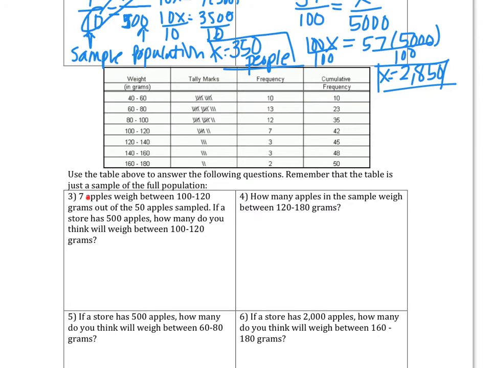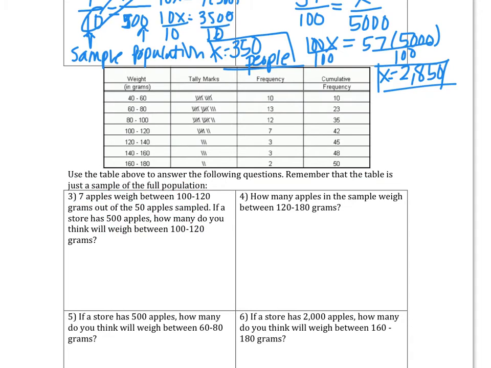Number 3 is we're going to use the table above to answer the following questions. Remember that the table is just a sample of the full population. So number 3: 7 apples weigh between 100 and 120 grams out of the 50 apples sampled. If a store has 500 apples, how many do you think will weigh between 100 and 120 grams?